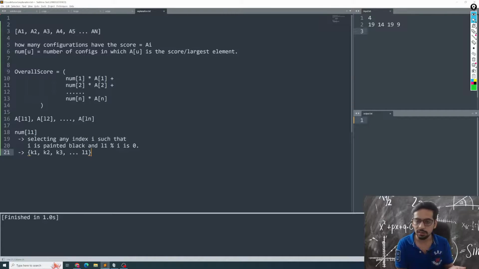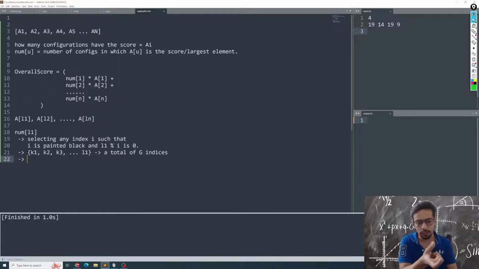If more than one of these selected, also great. So assuming these are a total of G indices that follow this property, I is painted black. So you basically wanted only one of these.